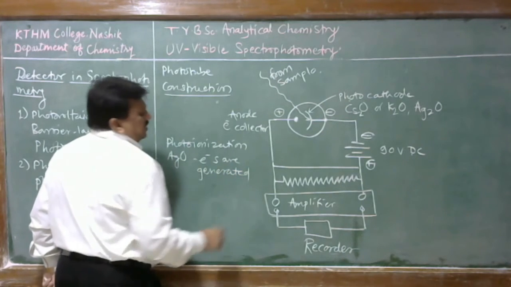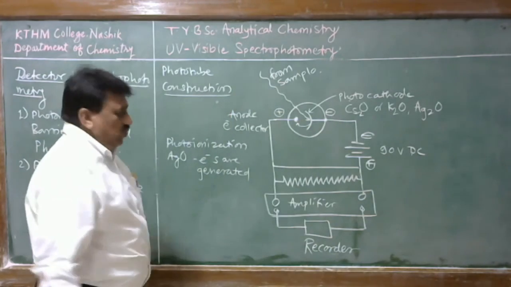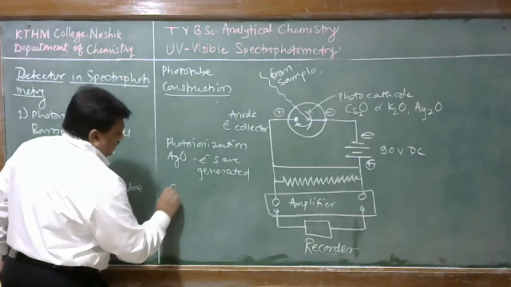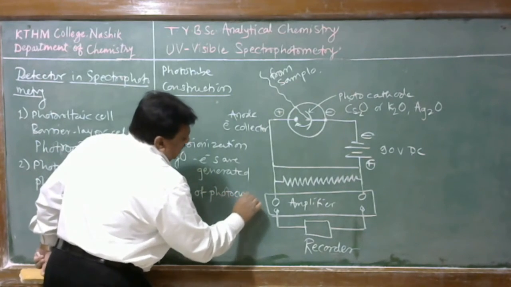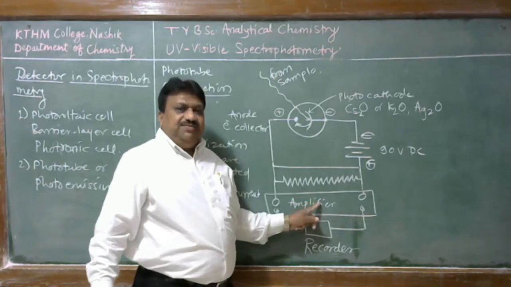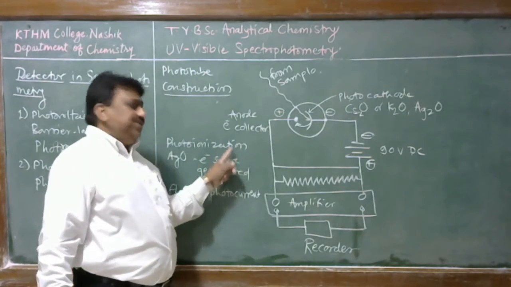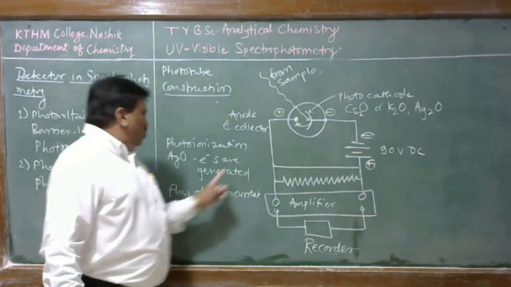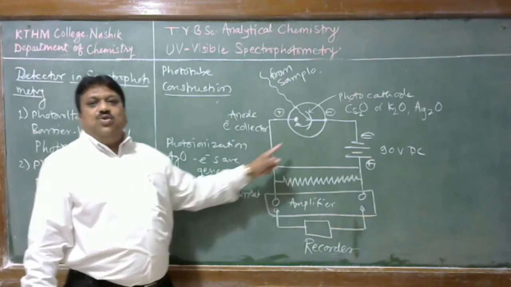These generated electrons are attracted towards this positively charged electrode, and these result in a flow of photocurrent. The photocurrent will be smaller in magnitude, but it can be amplified. Due to the photoelectric effect or photoionization effect, electrons are generated on the photocathode and attracted towards the other positively charged electrode, resulting in flow of current.